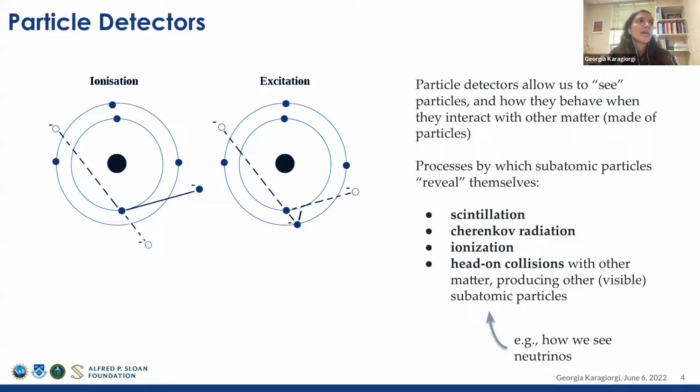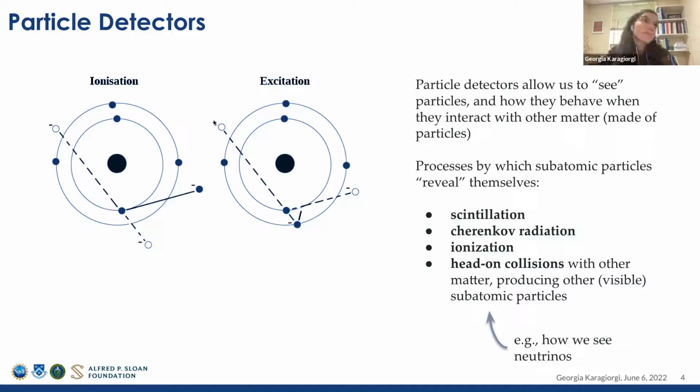And the typical processes which subatomic particles undergo and that we exploit to make particles reveal themselves in our detectors include processes like scintillation or ionization, where, for example, a charged particle that traverses a medium made of atoms will often impart enough energy to atomic electrons to kick them off their parent atoms, creating ions, liberating ionization electrons as ionization charge and leaving behind positively charged ions.